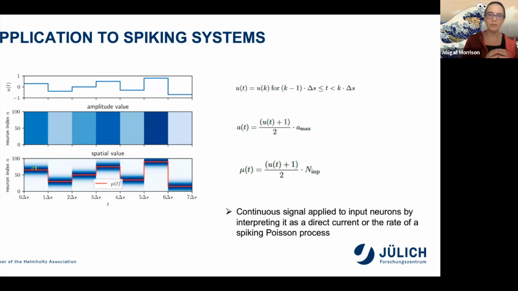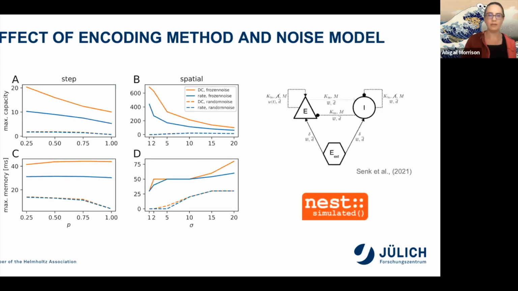Of course, there could be more. These are the two that we've looked at. And we can further ask, do we interpret this as a direct current to all the input neurons, or is this the rate of a Poisson process that's providing spikes to these neurons? So there are already 4 variants here, and we will look and see whether it makes a difference which of these methods we choose. But obviously, it does make a difference. Otherwise, I wouldn't have gone into such depth explaining it.